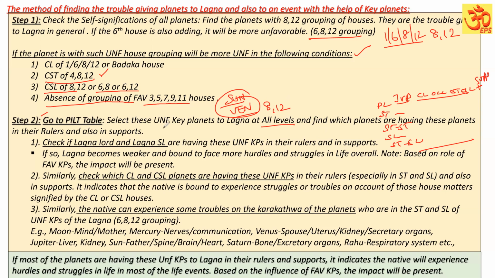So select these unfavorable key planets to Lagna at all levels and find which planets are having these planets in their rulers and also in supports. I think I made it clear.